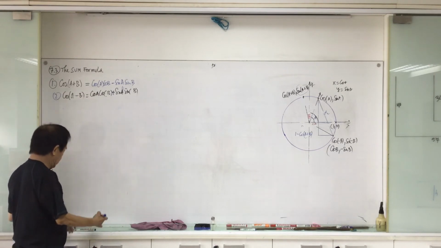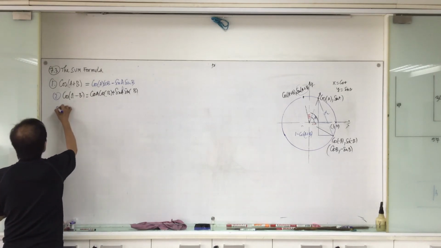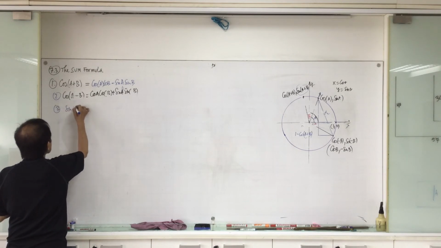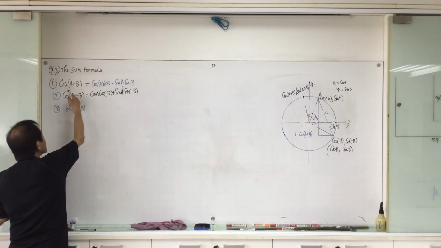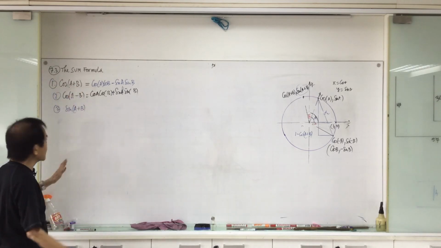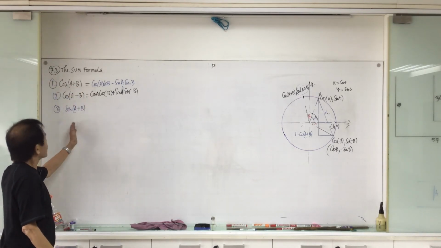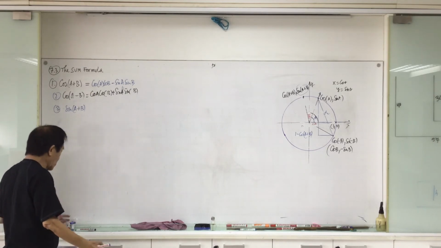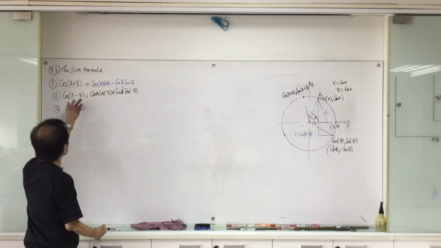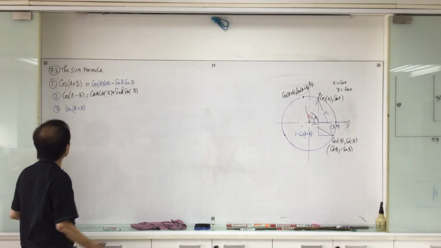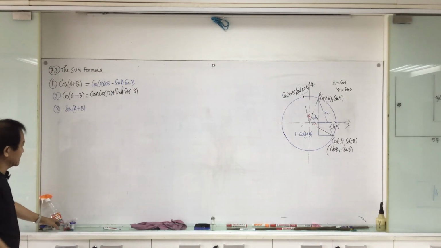The third one is sine of A plus B, for example. How do we turn this into the number 2, exactly into cosine of something minus something? We can plug in the second one. So we use the cofunction.